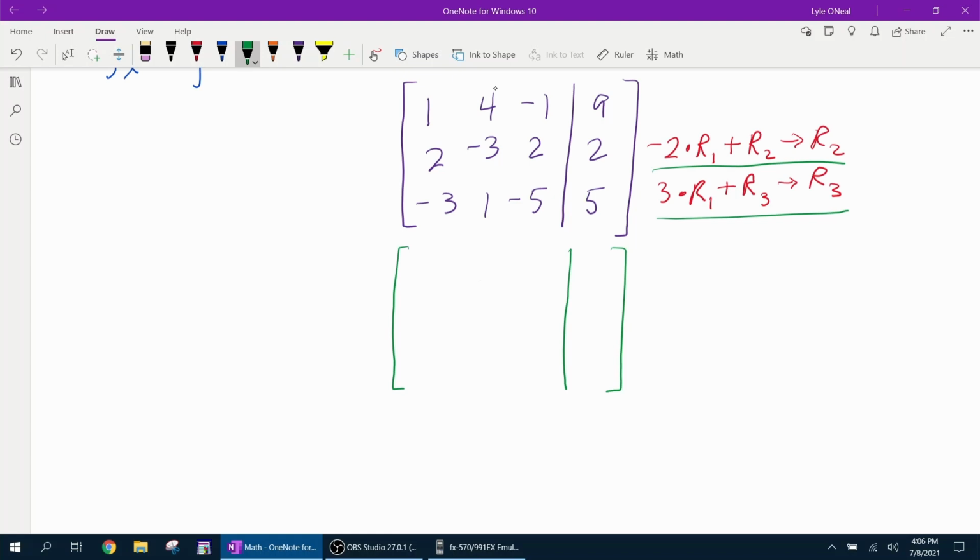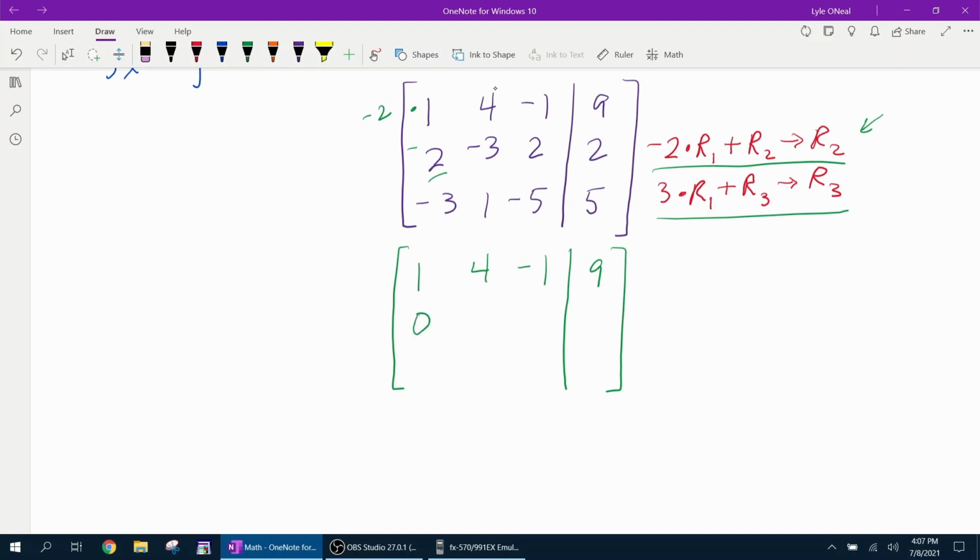The first thing I need to do is copy and paste the row that doesn't change. Here, row 1 stays the same. And then we're going to execute each row operation to get the new row. Starting with this row operation, we're going to multiply -2 times row 1, added to row 2 to get our new row 2. Okay, so here we go, multiplying row 1 by -2. -2 times 1 is -2. Added to 2 gives me a 0.